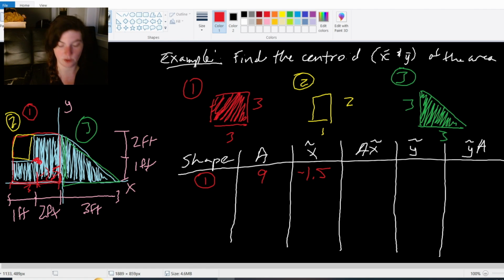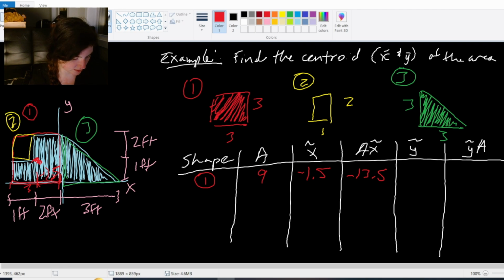Okay, so we have A, we have our x tilde. So this AX column is literally just multiplying those two together. So my 9 times my negative 1.5 gives me negative 13.5. Easy enough. Then I'll do my y components and that multiplication.